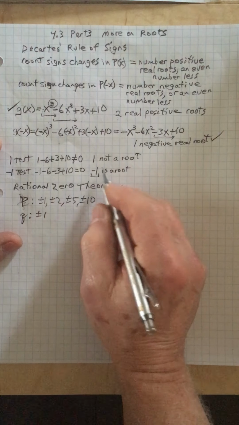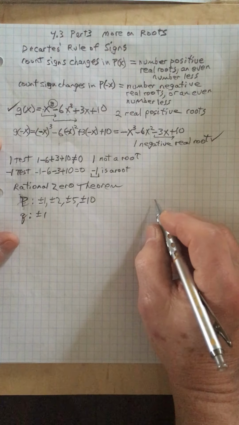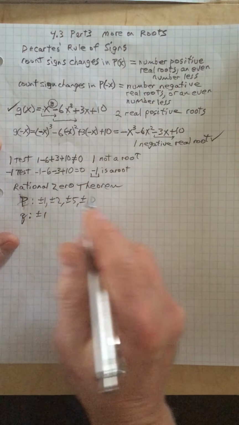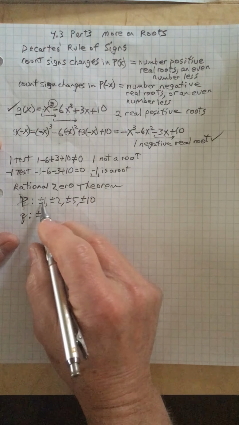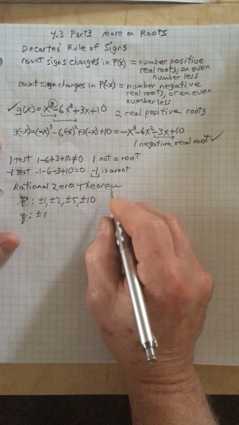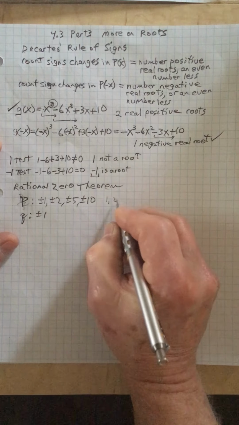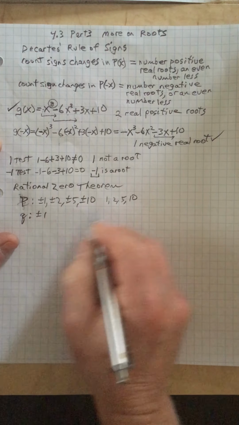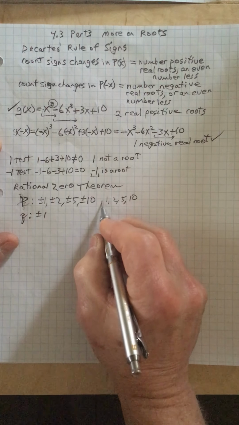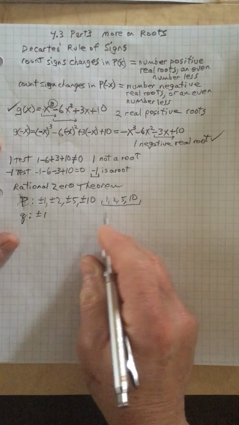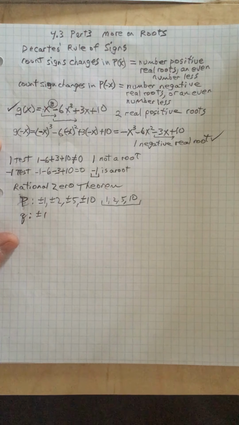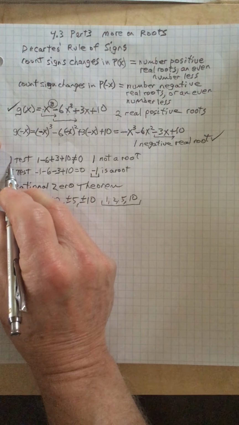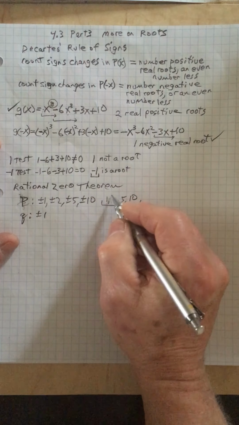It's -1. So that means we can't have any other negative roots, so all of these can only be positive. And if we're positive here, we're dividing by 1. These are our possibilities. But we can limit that list even more because we discovered up here the 1 test failed. So that's gone.